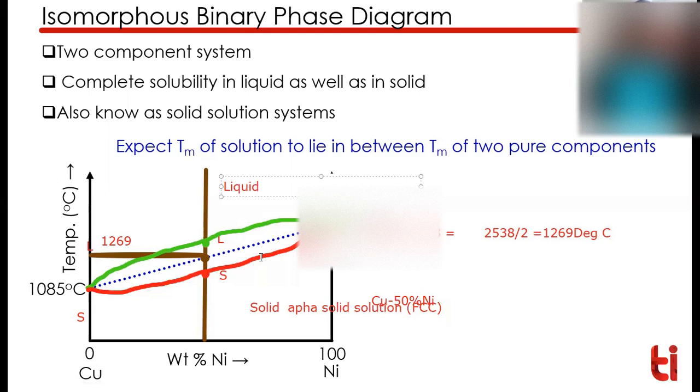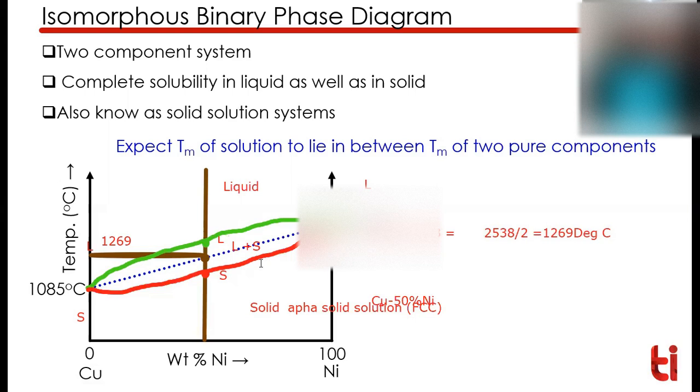This boundary separates the alpha solid solution from the liquid, and in between we end up with a region where we have liquid plus solid. This region, between the green and red boundaries, is a two-phase region.